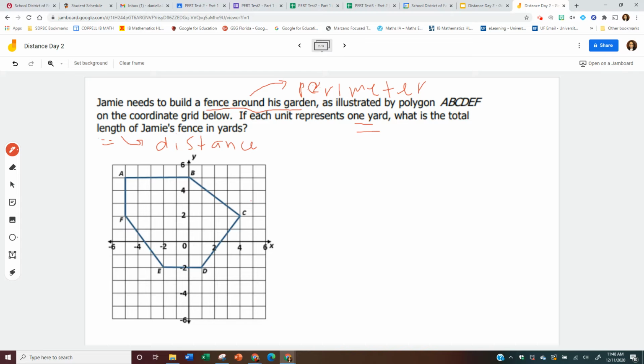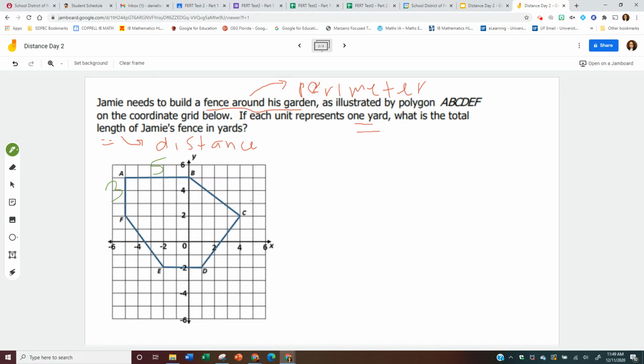Now, some of these sides are really easy for us to see because we can just count it. So side AB, take a look at side AB. I can count from A to B. I got 1, 2, 3, 4, 5. So this is 5, right? I can also count another side. Give me 2 more sides that I can count. I can also count from A to F. So from A to F, I can count 3.